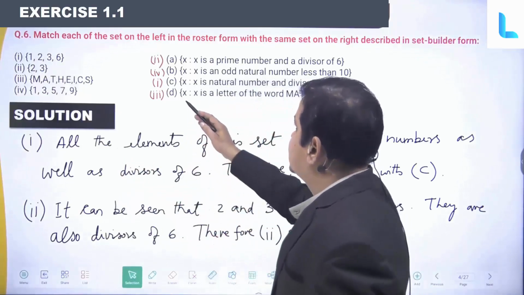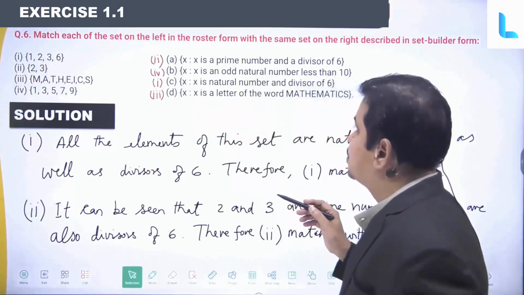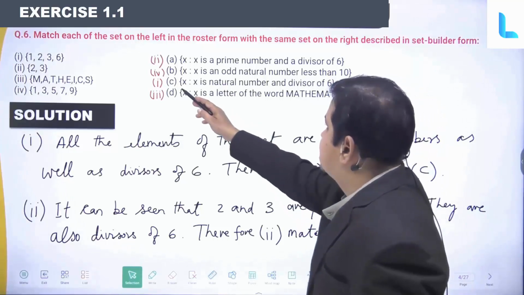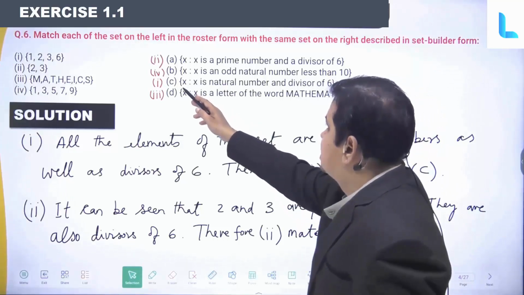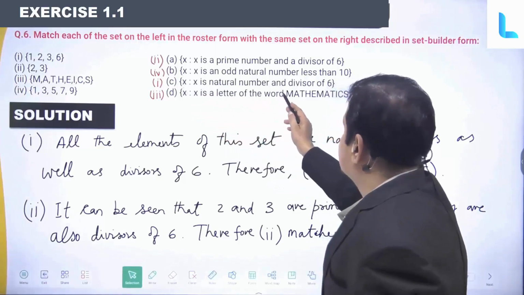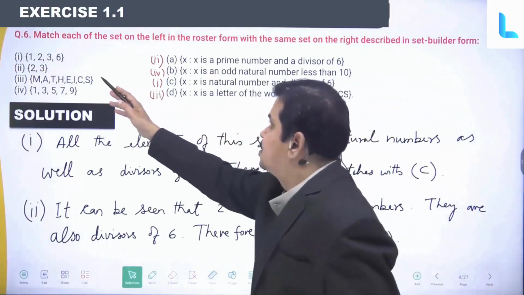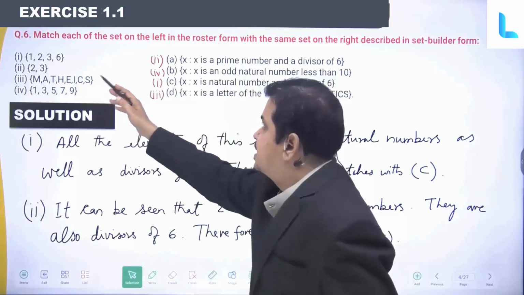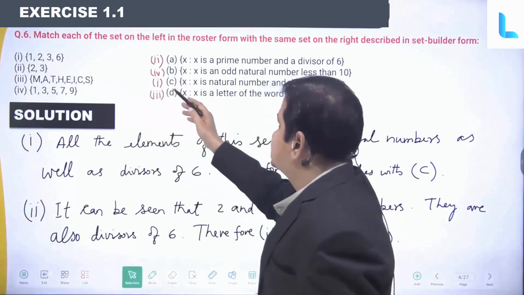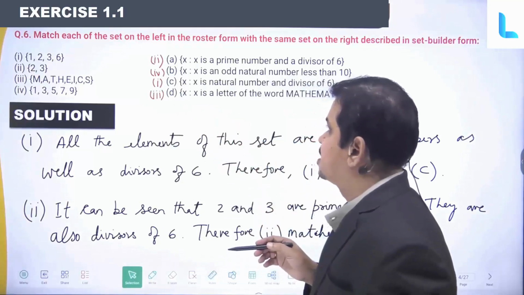And if you see in the second column in the set builder form, the item number C reads like this: a set containing all x such that x is a natural number and divisor of 6. So when you try to identify these two sets, that is 1 and C, you can see that both of these are matching.